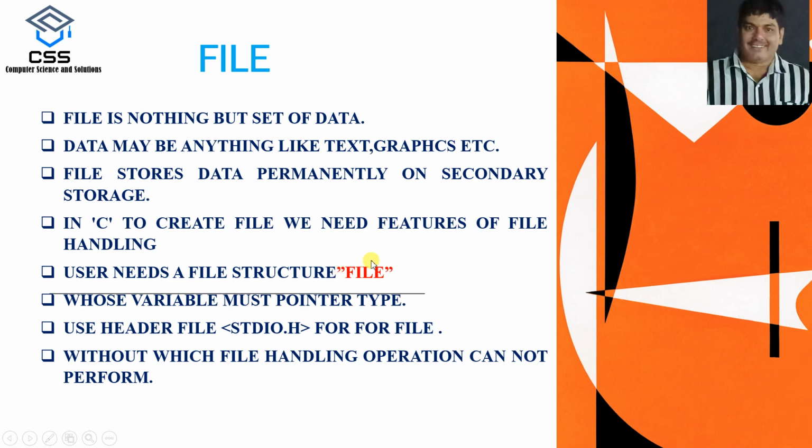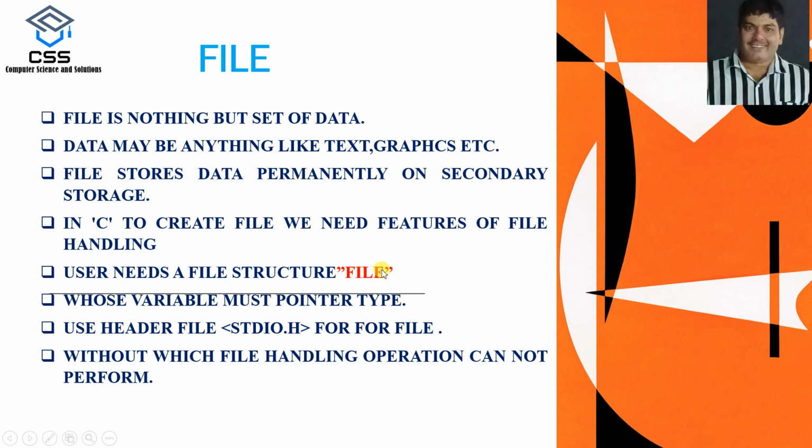Without a FILE structure pointer, you cannot do any operation on a file like read, write, or append operations. And FILE is defined in the header file stdio.h. If you don't include stdio.h, FILE will not work.